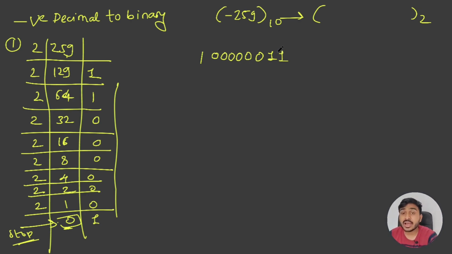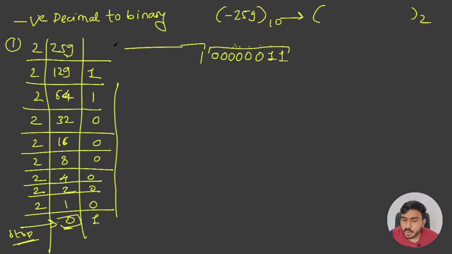Always remember, the groups have to be made from the right hand side to the left hand side. So let's count the digits: 1 2 3 4 5 6 7 8. So this is one group of 8 bits, and this is another group, but in the other group we just have one digit right now.